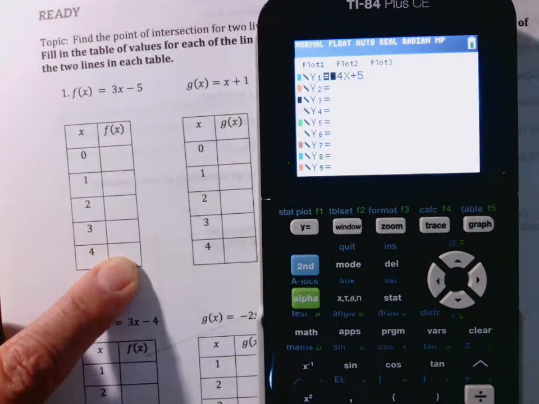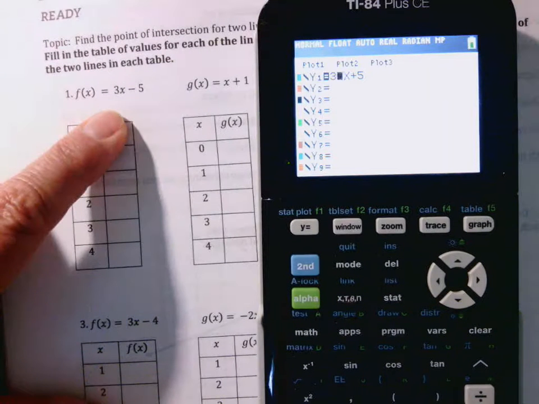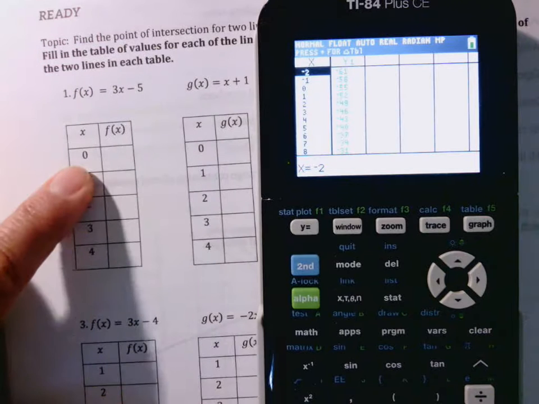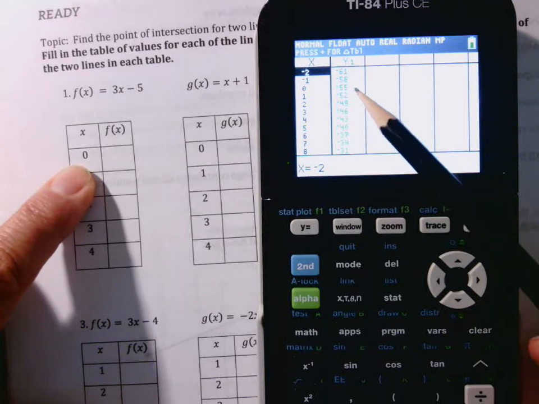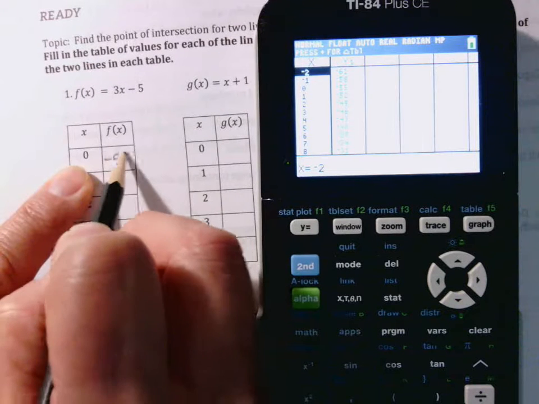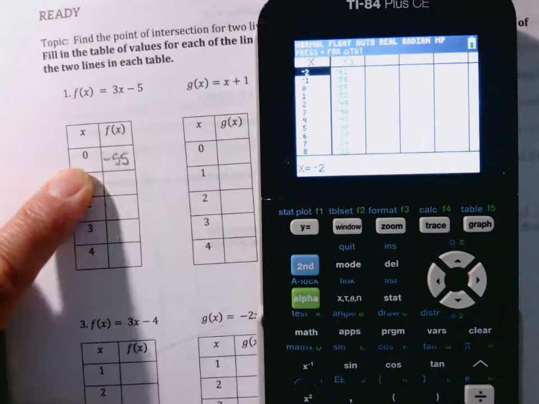So I'm going to put into my calculator 3x minus 5 in the y equals screen. And then I'm going to hit second table, and I'm going to notice that when x is 0, y is negative 55. So I'm going to write that down. Negative 55 goes right there.